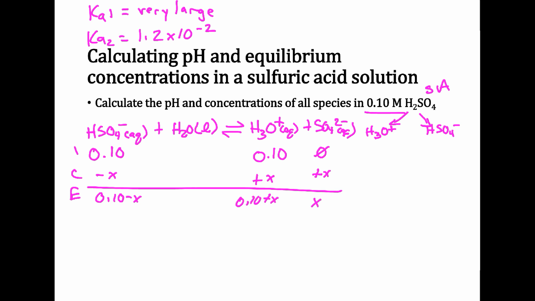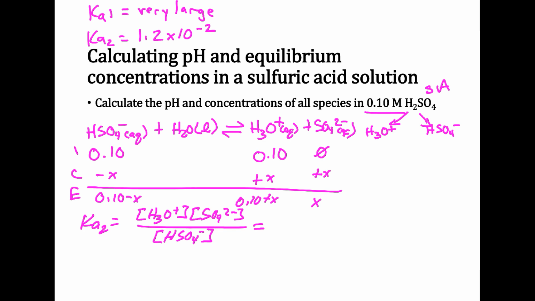So Ka2 is equal to the concentration of our hydronium ion times the concentration of SO4 2 minus all over the concentration of HSO4 minus.